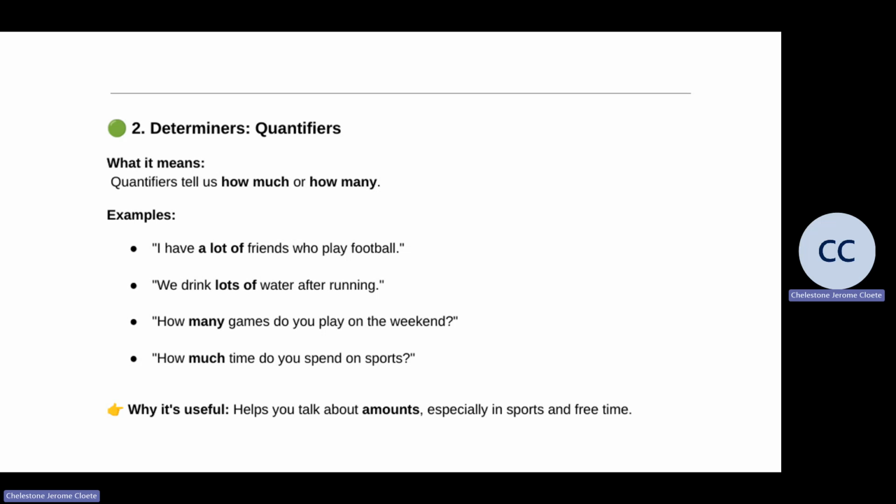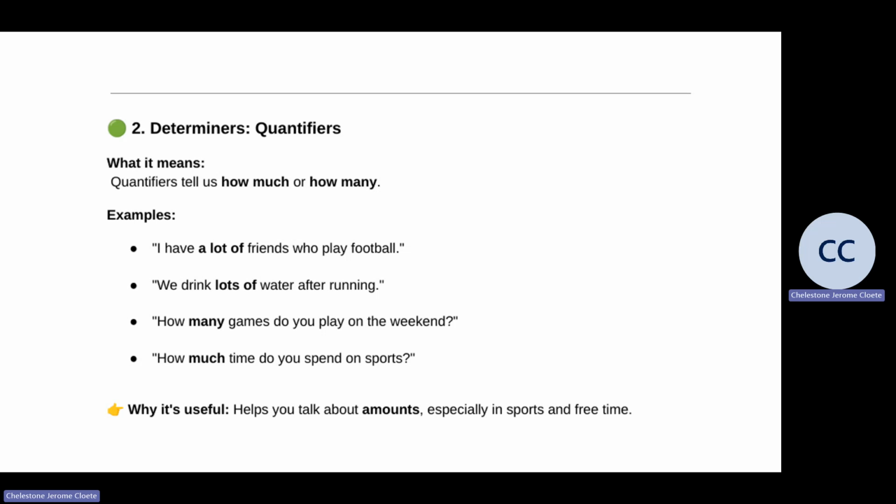Alright, so why is this useful? It helps you talk about amounts, especially in sports and free time. Alright, so how many tables do you see? Okay, because you can count the tables. How much water do you drink a day? Right, because we cannot count the water.